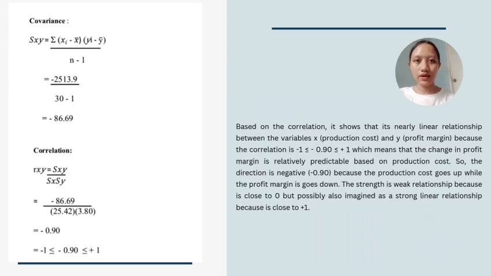2,513.9. Second part, we need to use all the data before to find the covariance and correlation coefficient. So we use the formula for covariance and use the data, which is negative 2,538.9. We divide it by the number of data points for production cost and profit margin, which is 30 minus 1.